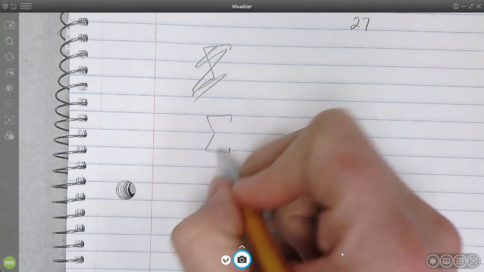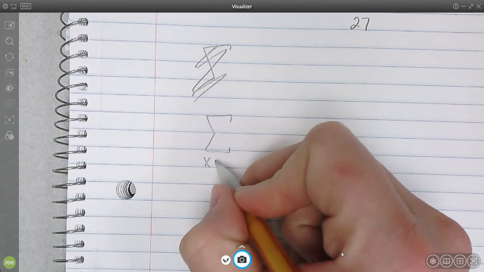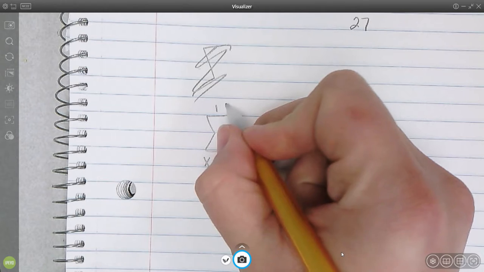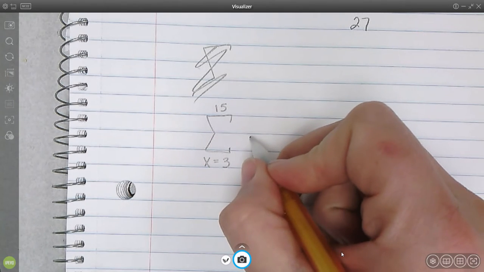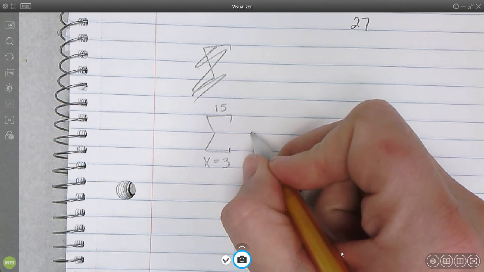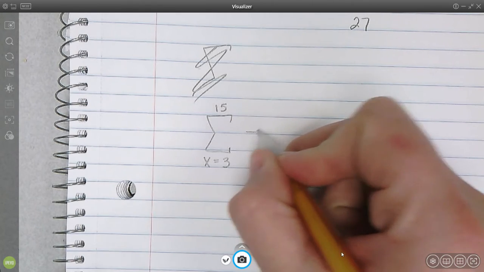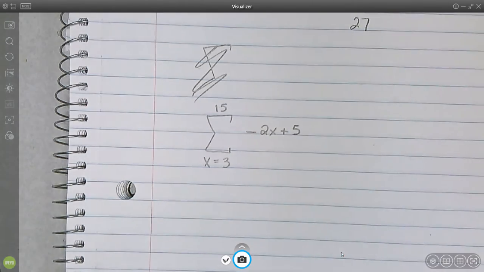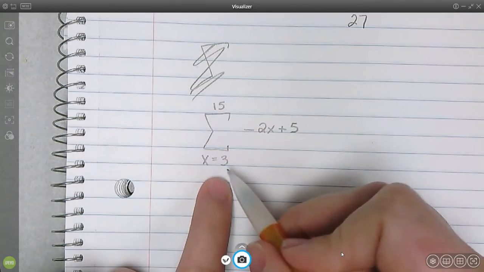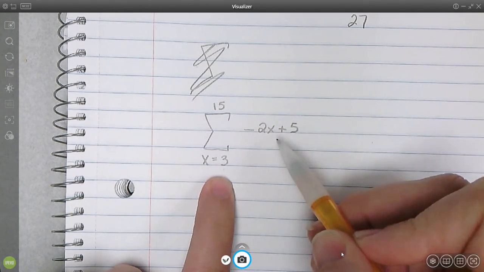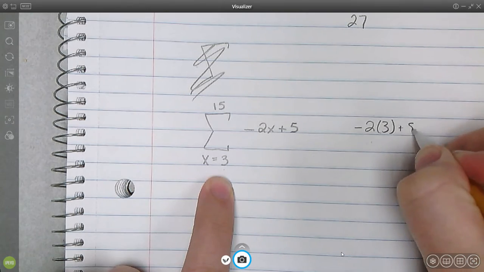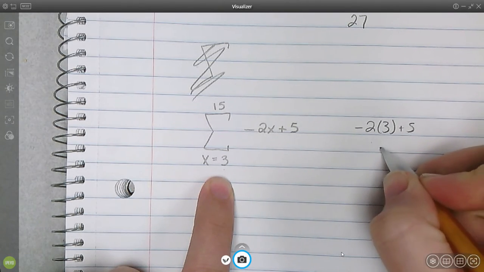This time, let's pick x, and let's say we start at 3, and we go to 15, and we have negative 2x plus 5. We know my first number. I plug this 3 in here: negative 2 times 3 plus 5. So negative 6 plus 5 is negative 1.